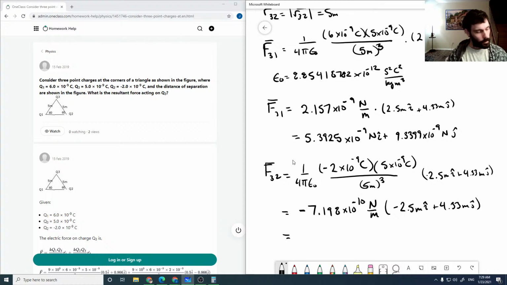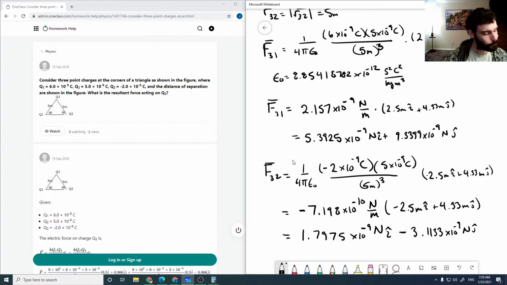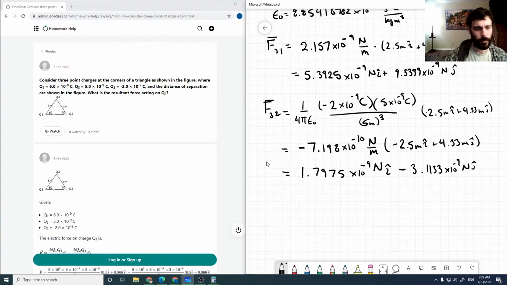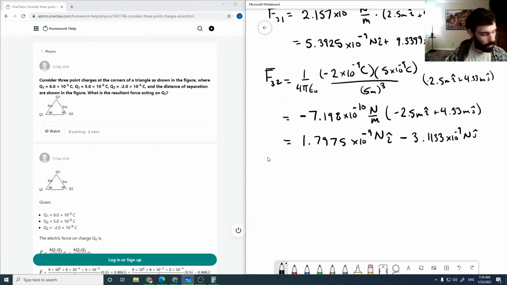And so then here the minuses will cancel, so 1.7975 times 10 to the minus 9 newtons i hat, and minus 3.1133 times 10 to the minus 9 newtons j hat. Okay. And so then our net force is just the sum of these two.